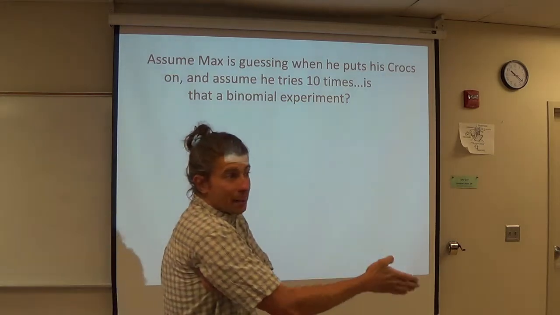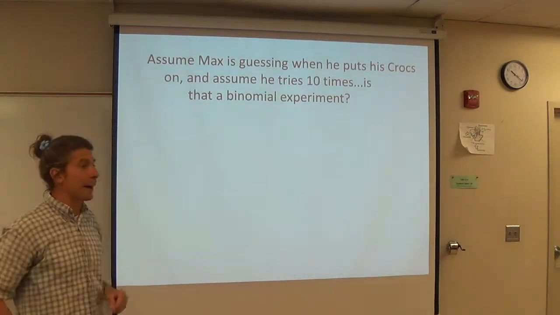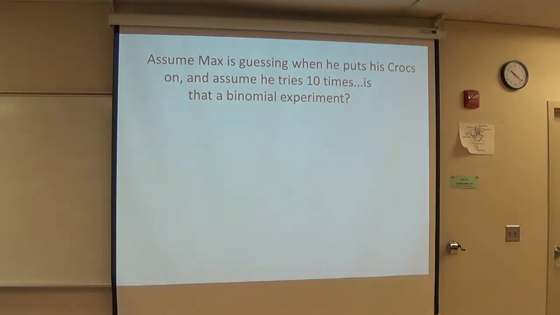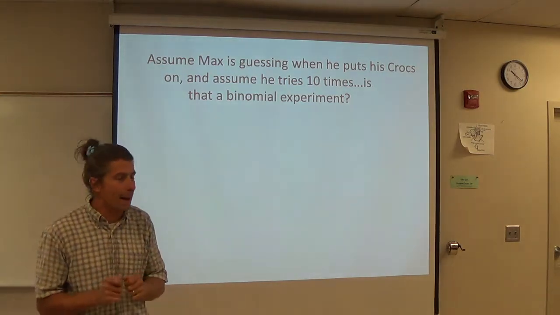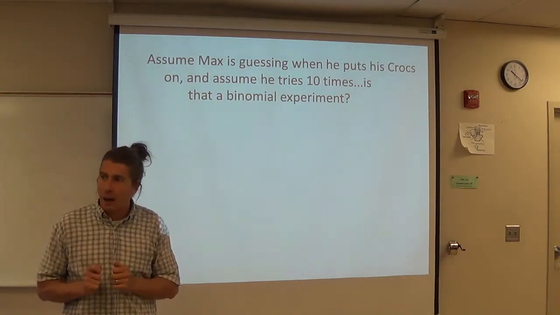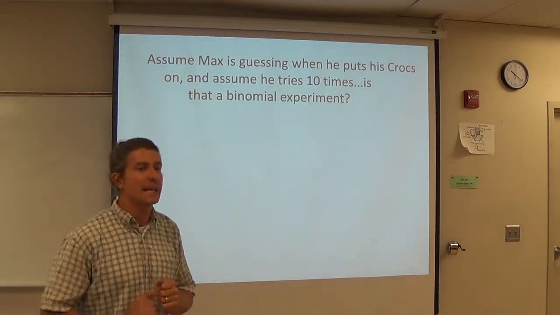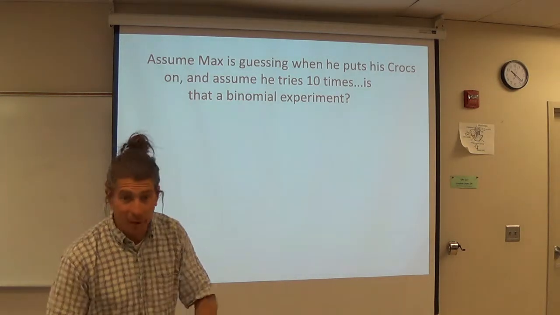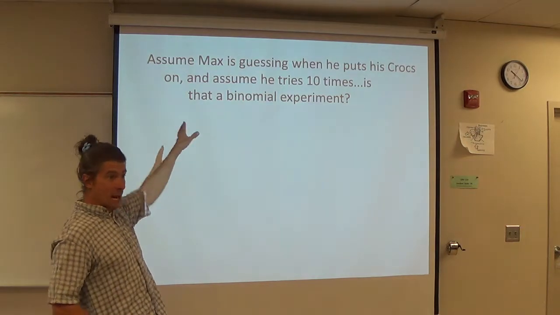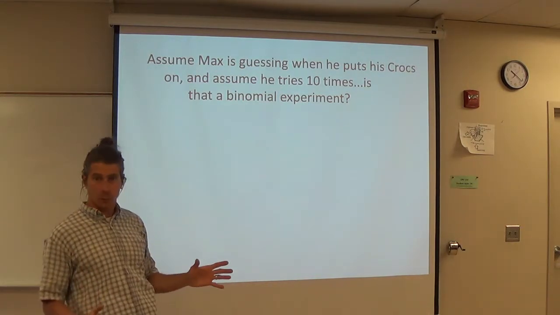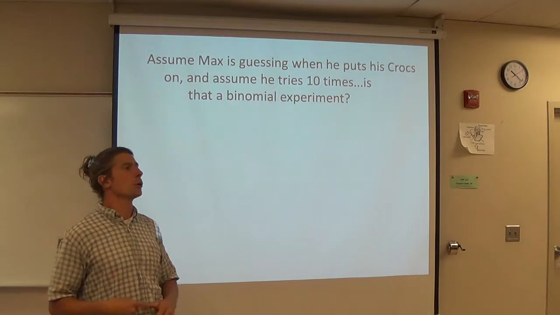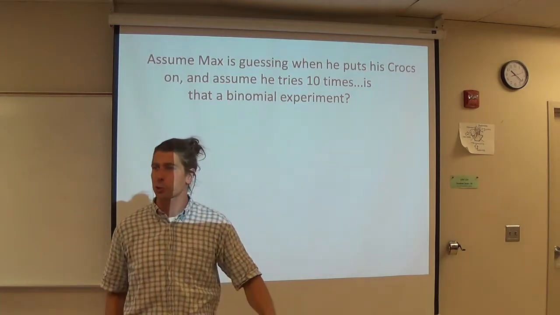For those of you who did the Gambler's Ruin quiz from last week, which I will get back to you ASAP, that was called a geometric distribution, not a binomial. I'll come back to that, because theoretically there's no top end on a geometric. You can keep betting and keep losing. But if I set out to watch Max 10 times, that's it. I'm done at 10. Whatever happens, happens in that 10. I don't keep watching him until he puts his shoes on correctly.